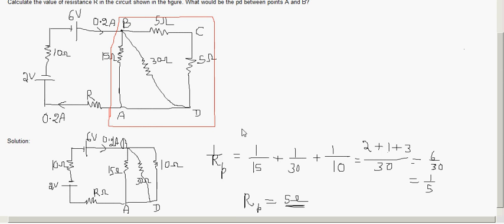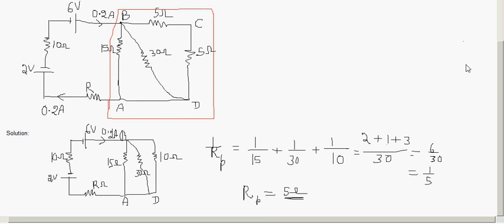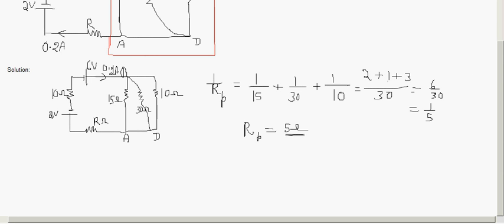So the circuit can be simplified now into this form. Ten ohm.